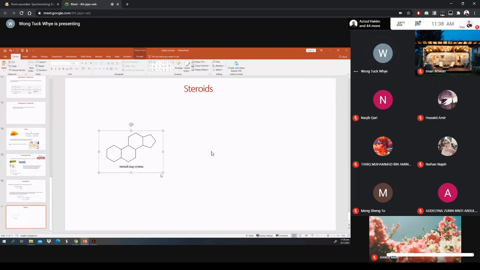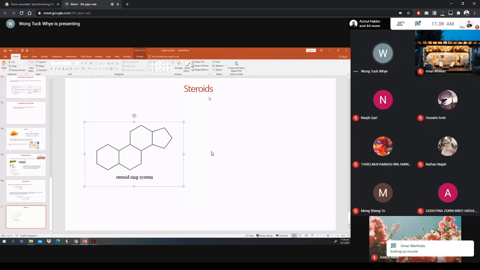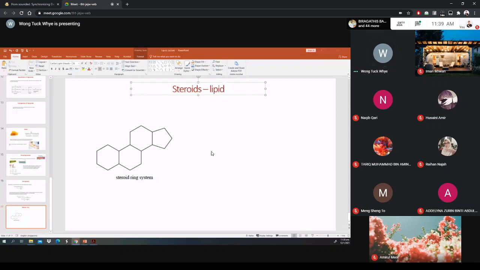See, steroid ring system. Actually, steroid is one of the lipids. Why? Anyone? Why do we define steroid as a lipid? Yes, it's bulking out the muscle. Yes, it's an energy storage system, and then it will induce your body physiological system.